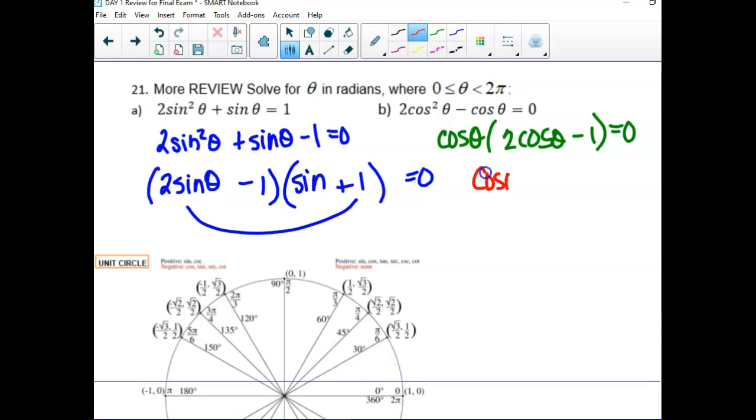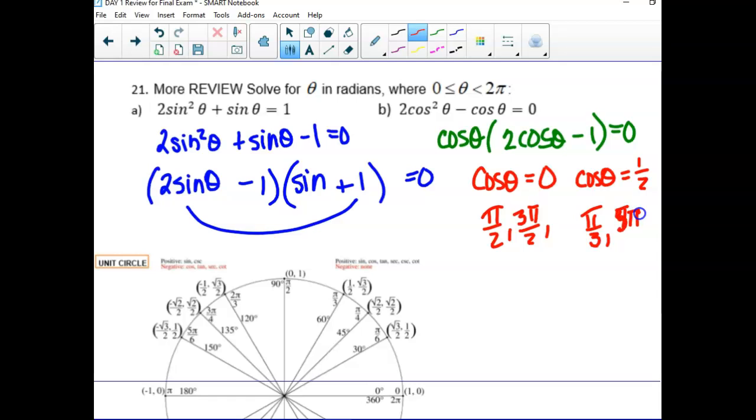So here you have the cosine is 0, which is at pi over 2 and 3 pi over 2. And this would be the cosine is 1/2, which would be at pi over 3 and 4 pi over 3, guys? 5 pi over 3, yes? Someone check in? Is that right?